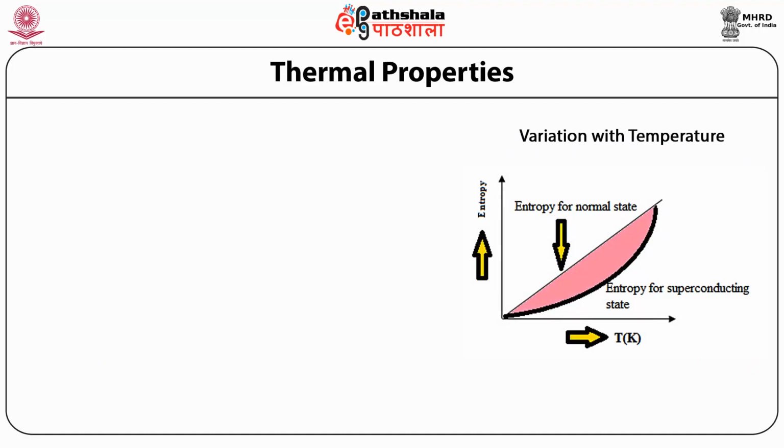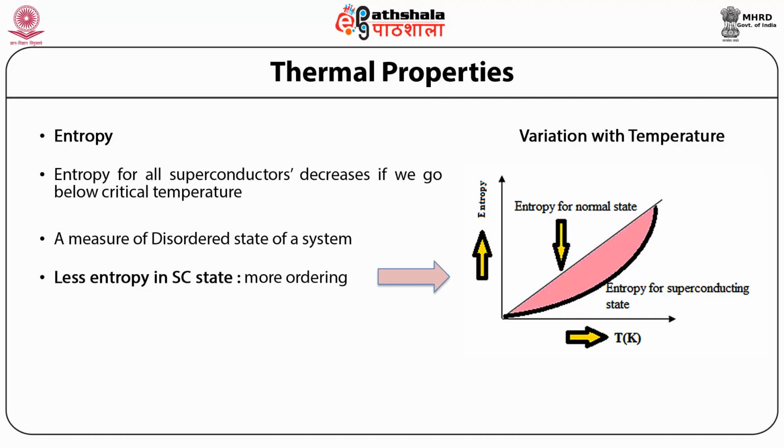Now we discuss the thermal properties of the superconductor. The first thermal property is linked with the entropy. As we know, entropy is linked with disorder. For all superconductors, entropy decreases if we go below the critical temperature.